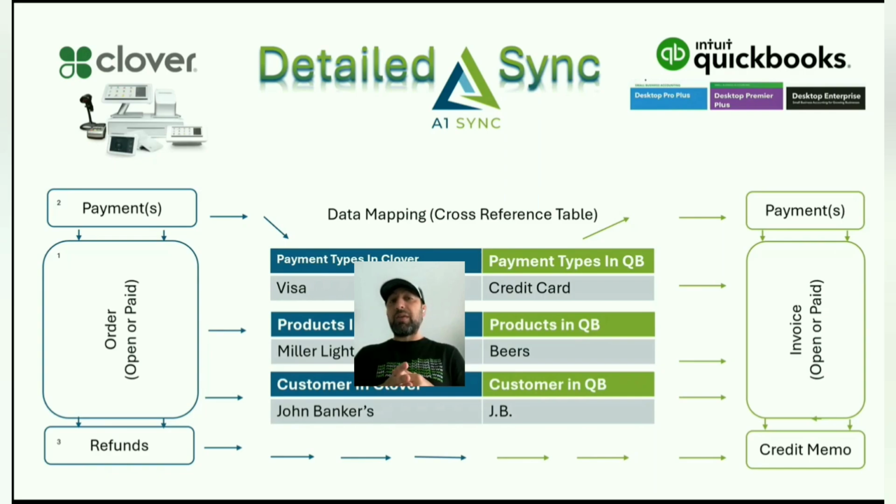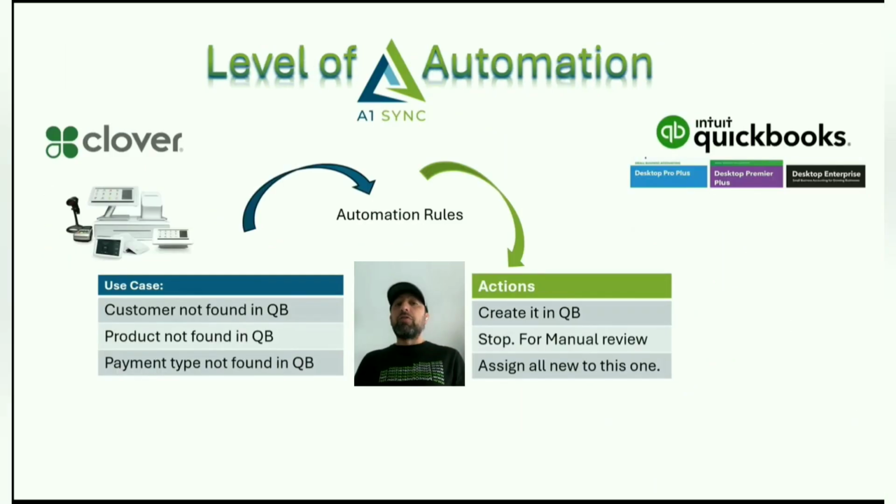All of those payment types somehow need to be referenced to payment types of QuickBooks unless you have one-to-one relationships, which most of the time you don't. So you need to use these tables to say, this payment type in QuickBooks references that payment type and vice versa, actually.